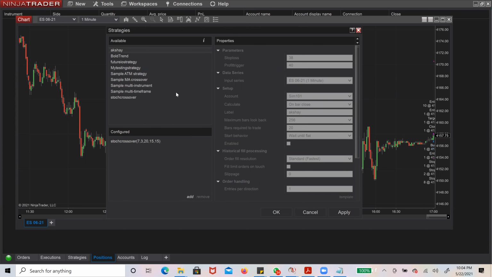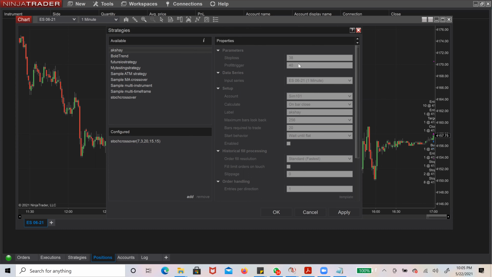So he's saying, if let's say ES or anything, what do you want to do? You want to take a stop loss at some point. So your stop loss will be at 38 ticks. This is particularly for ES. You can change it, but it's only for the ES. So you want a stop loss of 38 and my profit trigger at 40.